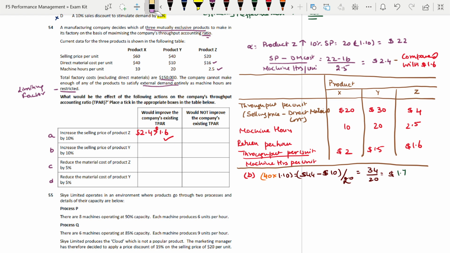Now check again where we have done: return per hour, the throughput accounting ratio.